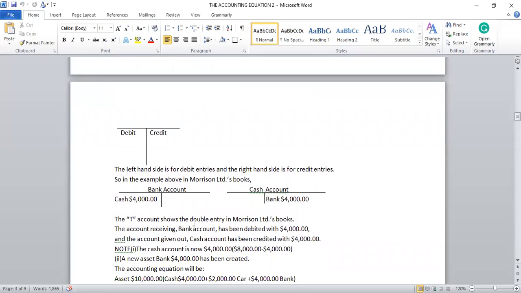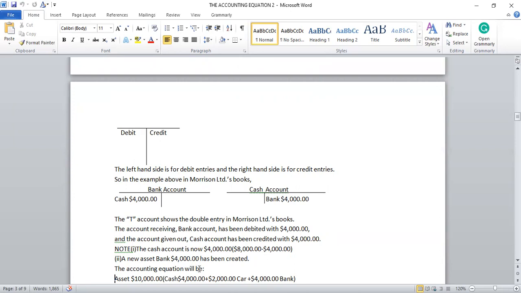The T account shows the double entry in Morrison Limited books. The account receiving, the bank account, has been debited with $4,000, and the account giving out, the cash account, has been credited with $4,000. Now note, I, the cash account is now $4,000. Why? Because it was previously $8,000, and $4,000 was taken out and deposited in the bank account. So that is II, a new asset, bank account, $4,000, has been created.